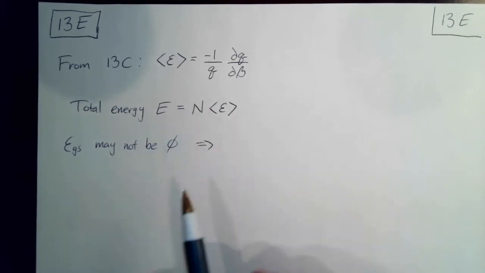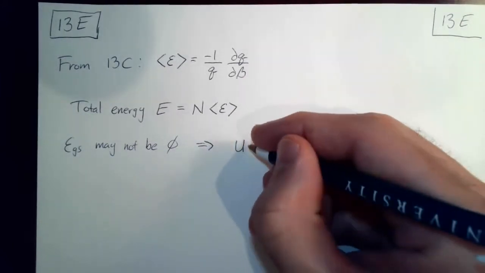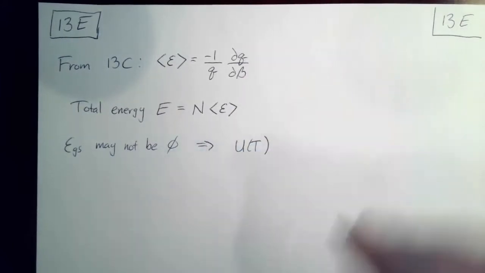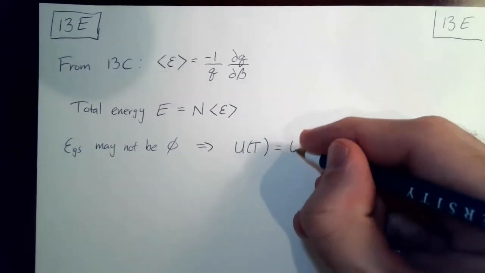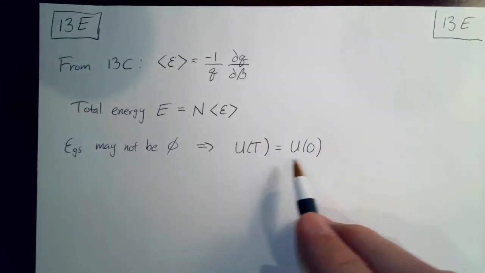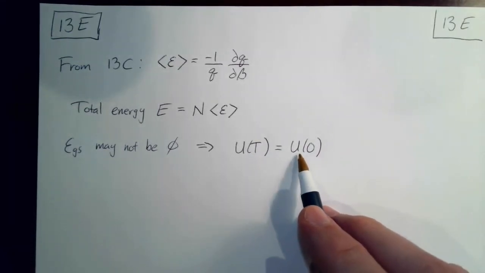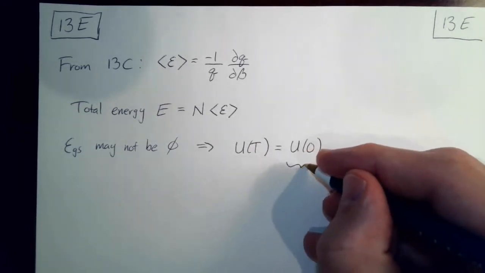the mean. And I'm going to do that here by talking about the total internal energy of the system. So I'm going to let the total internal energy of the system, at some temperature T, equal the energy when only the ground state is occupied. Okay, that's what U of 0 is.